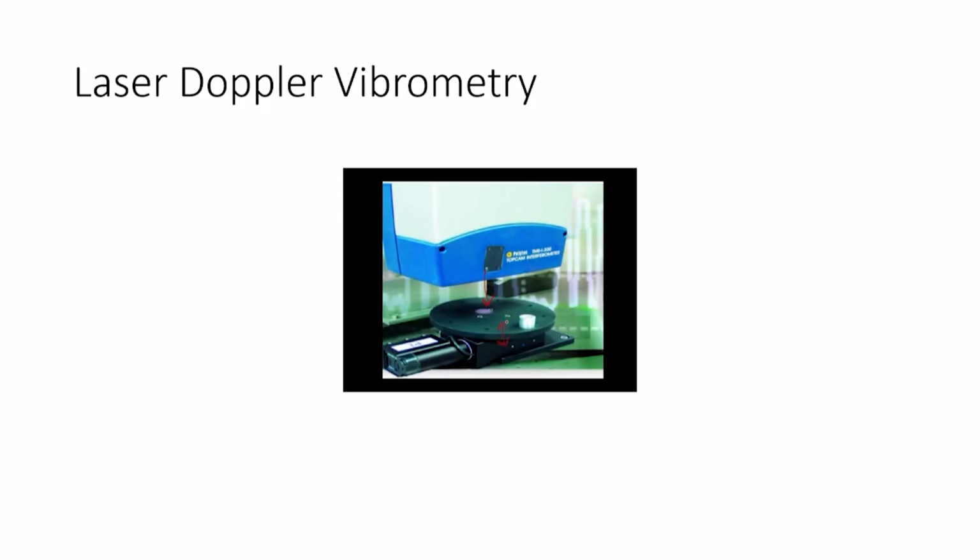So, suppose there is an object over which the laser is dropped, and the object is sometimes here and sometimes here, because it is vibrating with a certain excitation level, with a certain amplitude. So, what do we expect?